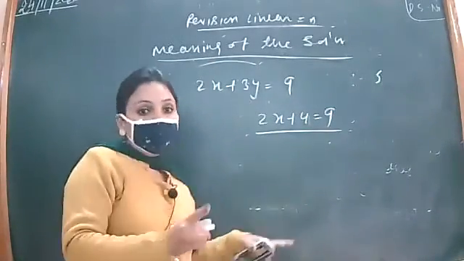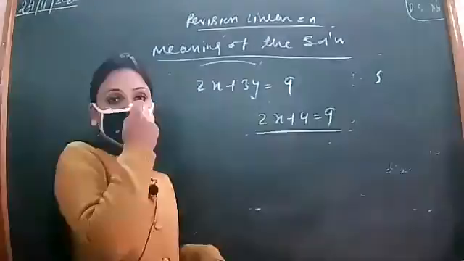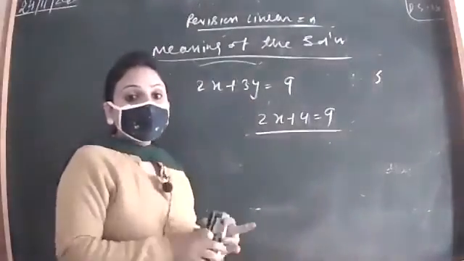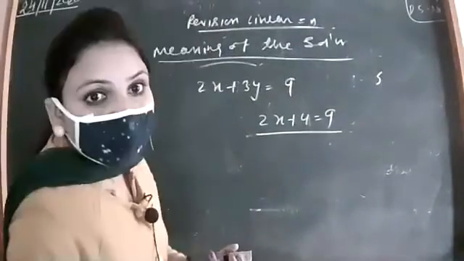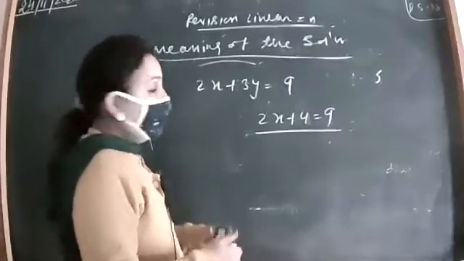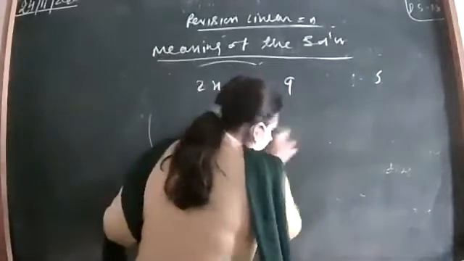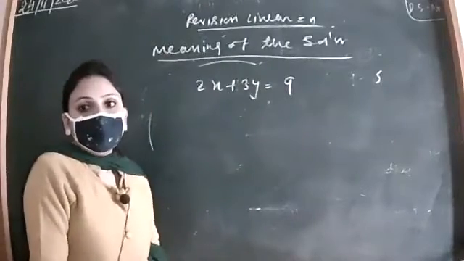That means that value of x by putting which the two sides become equal. That is the meaning of the solution, right? Now come to the two variables equation. So this is the linear equation in two variables.